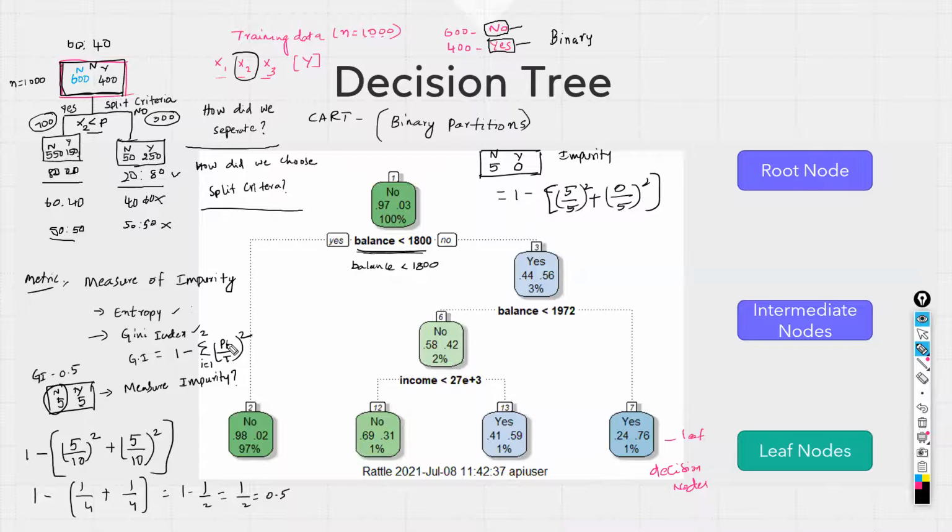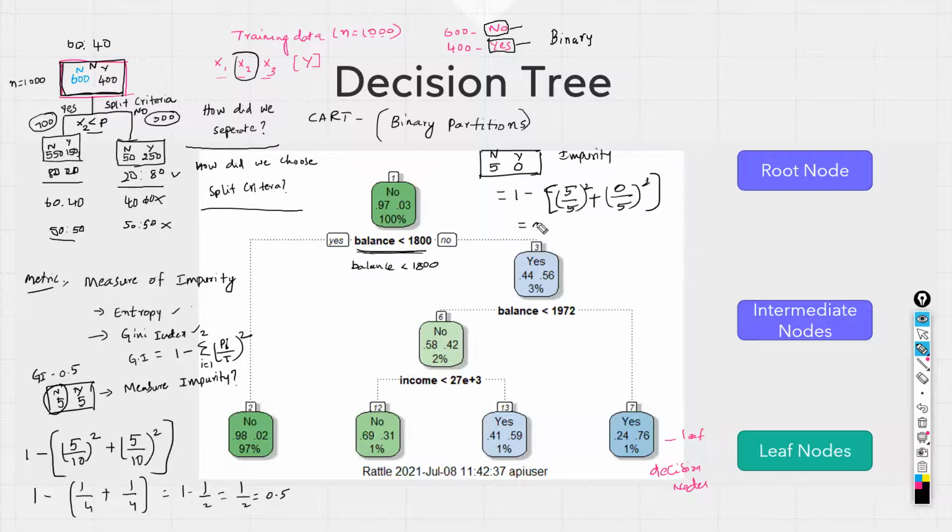If you look at the formula, p_i is nothing but the number of observations for the ith class. For the no class, you have 5, so that's why 5, and total is also 5. So 5 by 5 whole square plus, for the next class, 0 divided by 5 whole square.